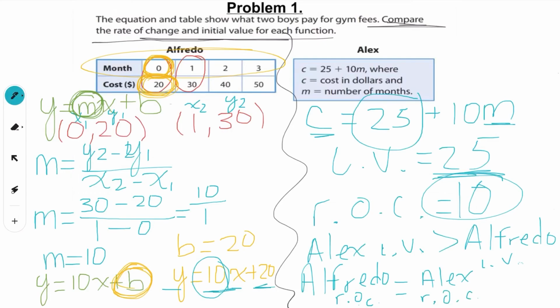So to answer the question, I know this may be a little sloppy, but I'm working with a small amount of space here. To compare the rate of change and initial value for each function, I stated that Alex's initial value, which is 25, is greater than Alfredo's initial value, which is 20. And to compare the rate of change, Alfredo's rate of change, which is 10, is equivalent to Alex's rate of change, which is 10.